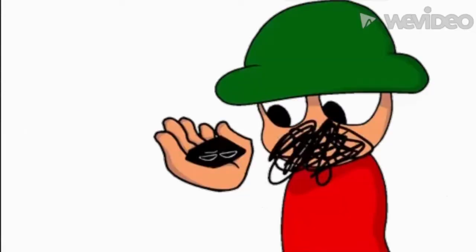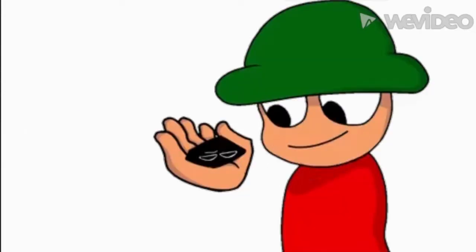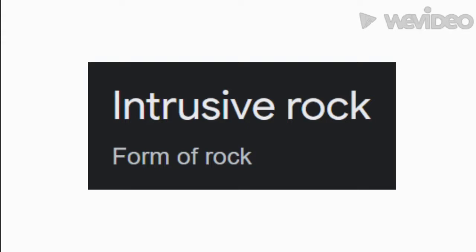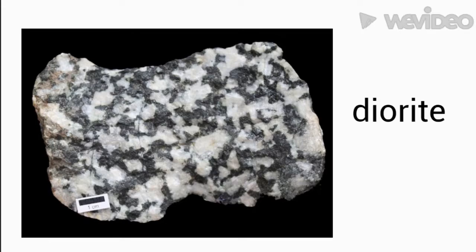Not all igneous rocks form like obsidian though. There are also the intrusive rocks, which are the opposite of the extrusive rocks. These igneous rocks formed under the surface and had more time to cool. There are also more extreme rocks like plutonic rocks, but that's for another day I suppose.